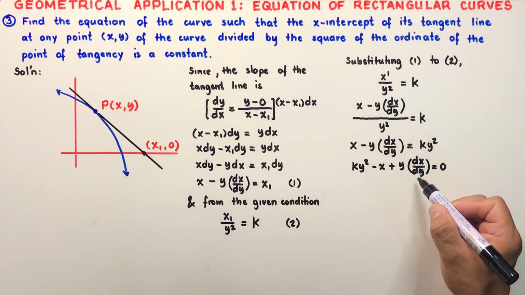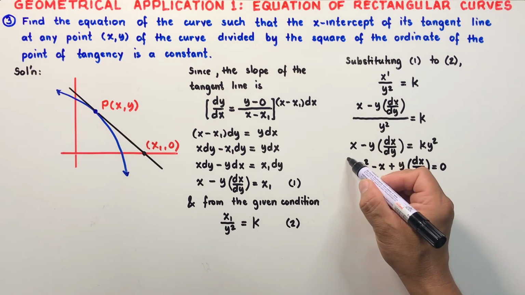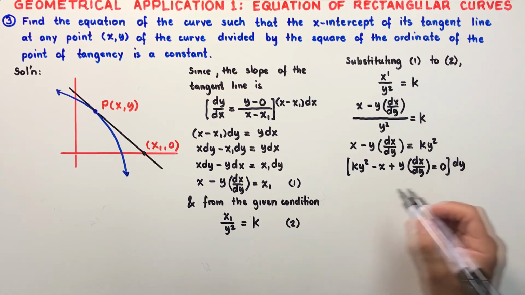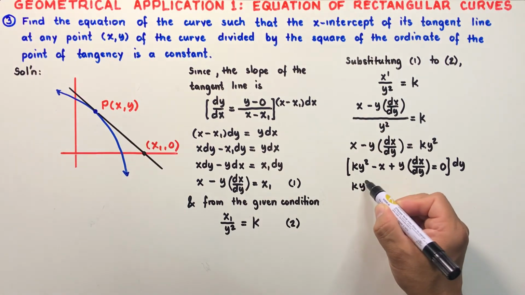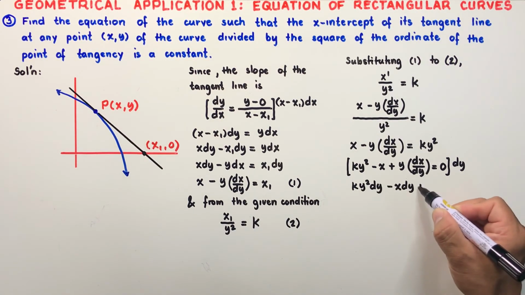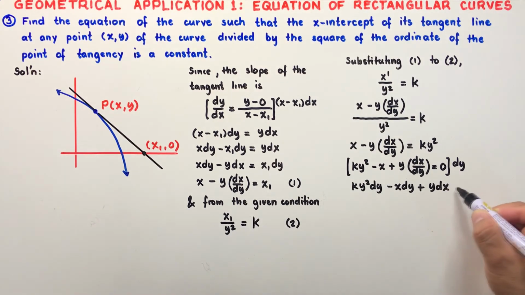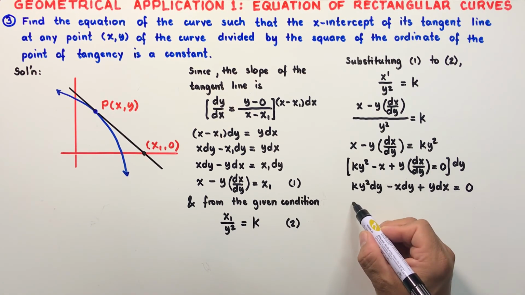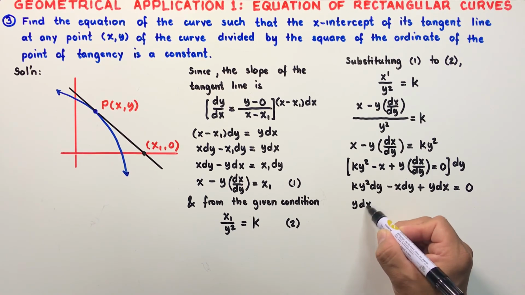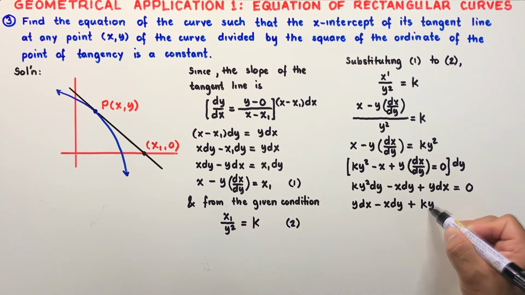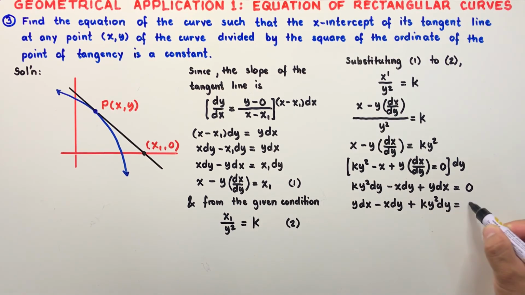And to get rid of this dy in this denominator, we multiply both sides of the equation by dy. So we have ky squared dy minus x dy plus y dx, which is equal to 0. Now rearranging the terms here, because this one is an integrable combination, we have y dx minus x dy, which is added to ky squared dy.